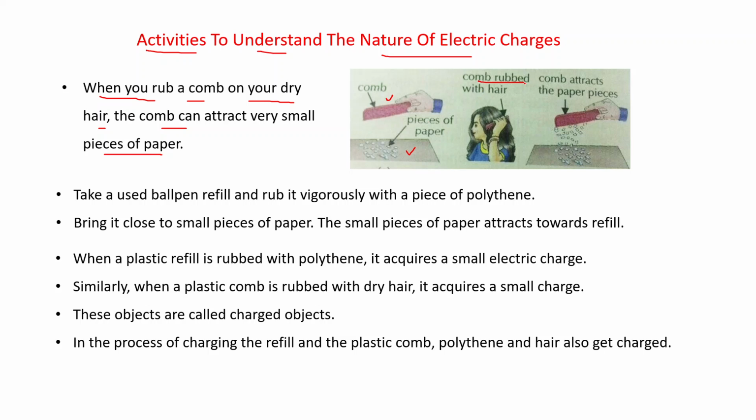But when comb rubbed with hair is brought near to these pieces of paper, comb attracts the paper pieces. Clear? Take a used ball pen refill and rub it vigorously, vigorously means तेजी से, with a piece of polythene. Bring it close to small pieces of paper. You will see small pieces of paper attract towards refill.